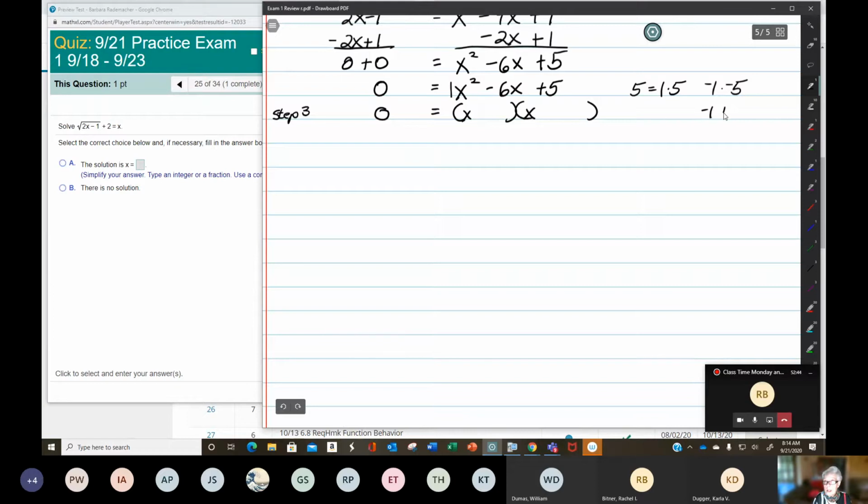And negative 1 plus negative 5 add up to the middle number, negative 6. So they're the numbers I want. I'll put the minus 5 here and the minus 1 there, and the minus 5 here, and then I set each factor equal to 0.